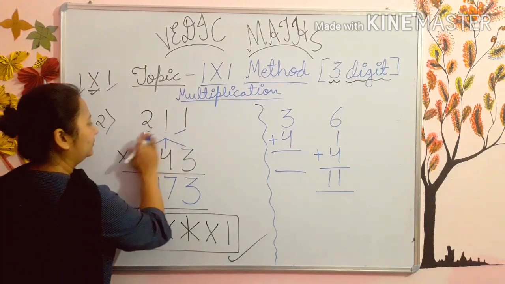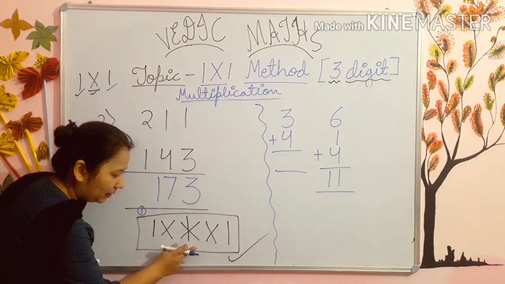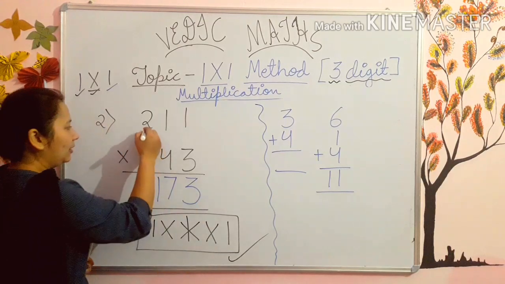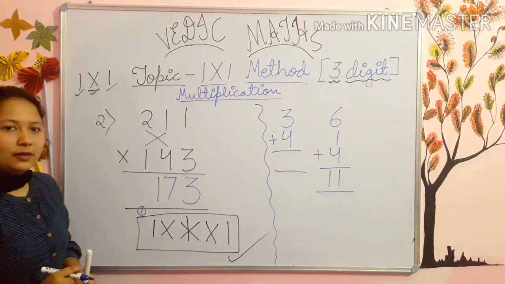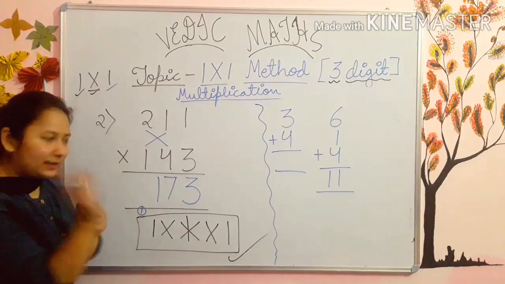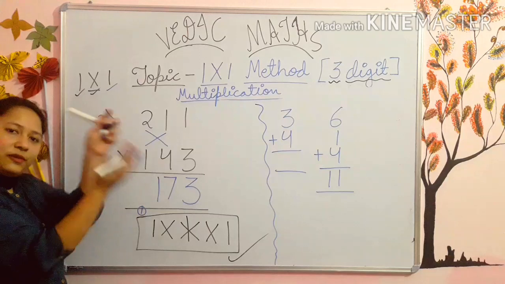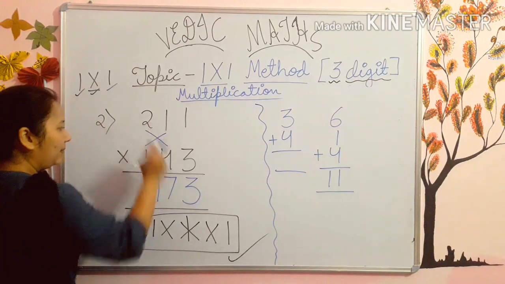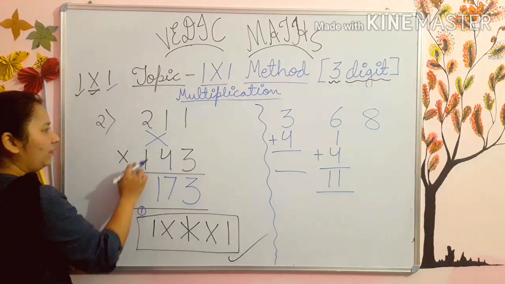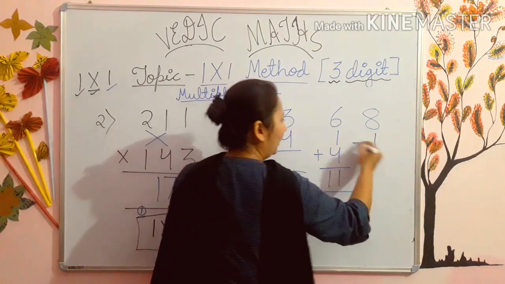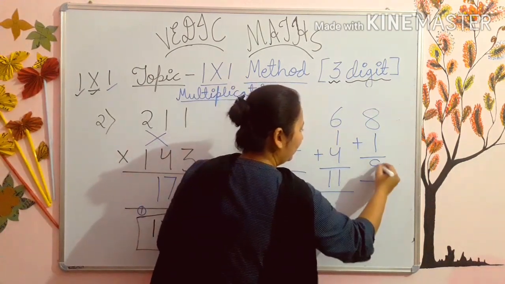Now next, after triple cross, again single cross. Single cross means this. Means take 2 lines but of left hand side. Now multiply. 4 twos are 8, 1 ones are 1, add them. 8 plus 1, 9.